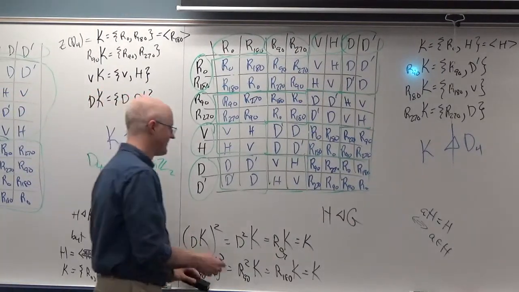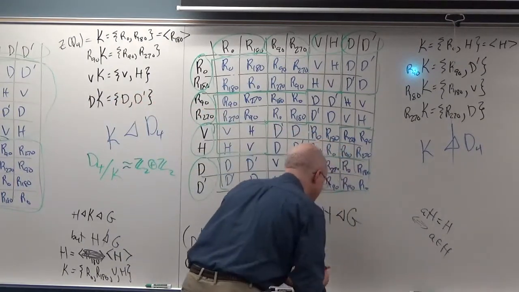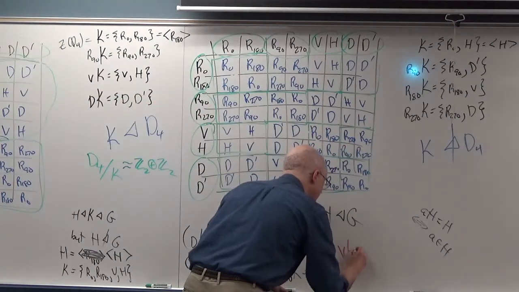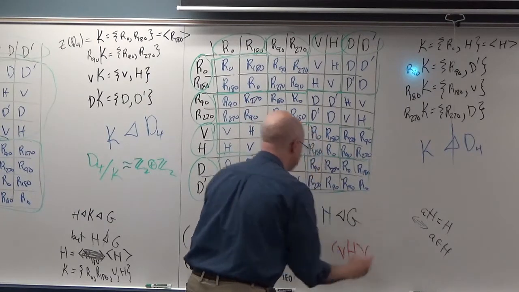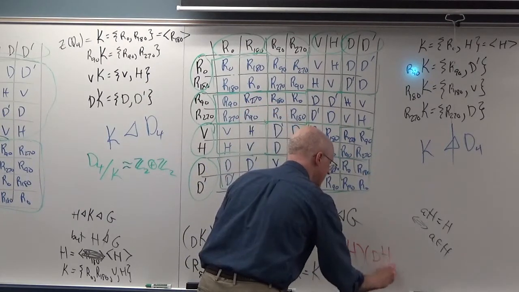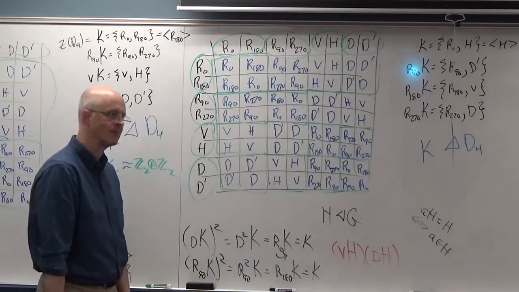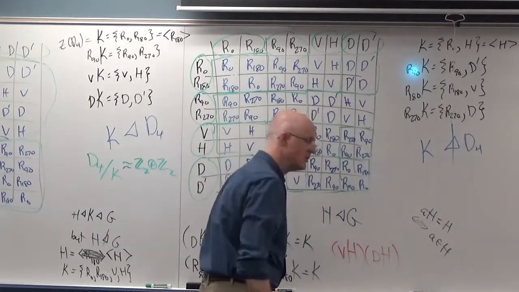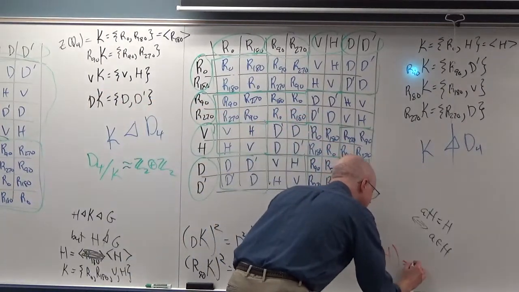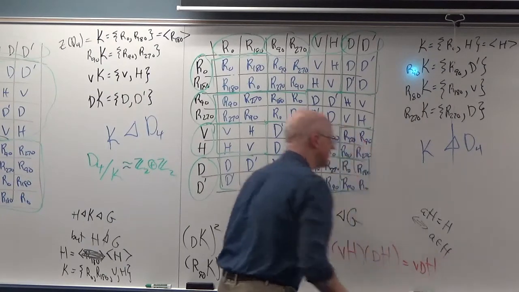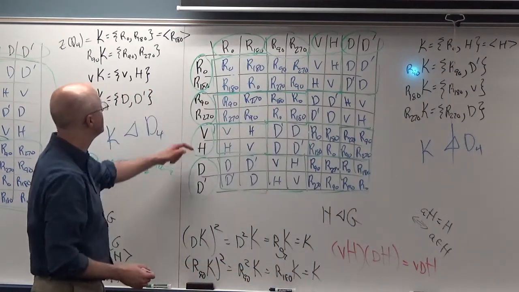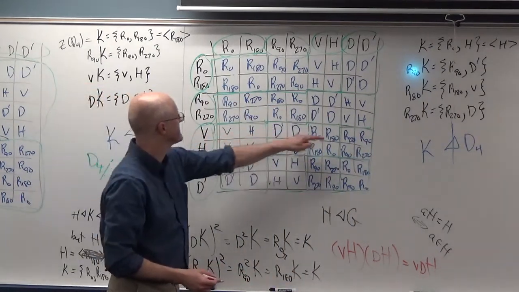As another example, what is this coset times this coset? By the definition of coset multiplication, it's VD times H, but what is V times D? V composed with D is R270.